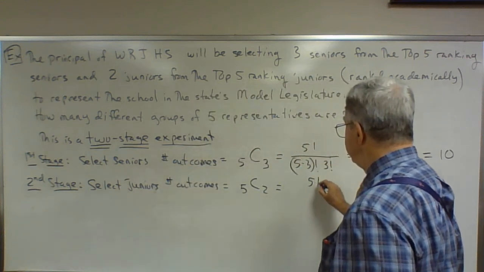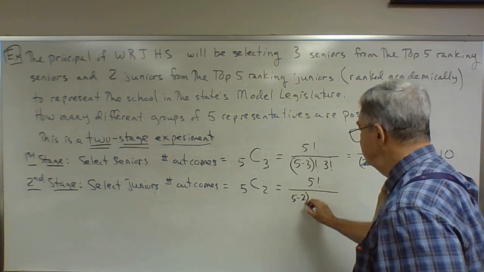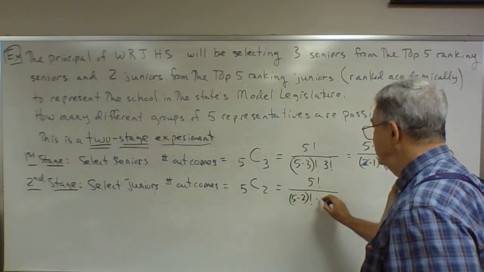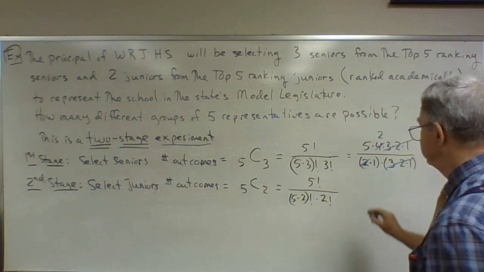So this will be 5 factorial over (5 minus 2) factorial times 2 factorial.